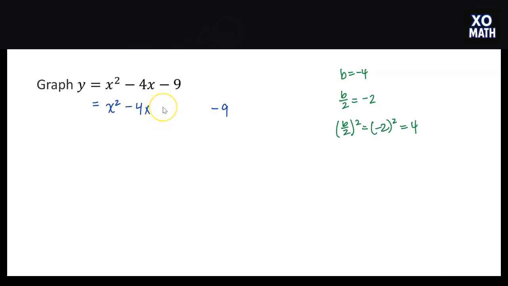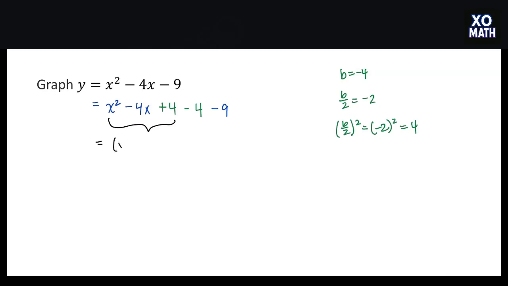And what we're going to do is we're both going to add that number and subtract that number. And the reason why we're doing that is so that we don't change the quadratic. If we just add 4, then we're changing the problem. But if we add and subtract 4, then it's like we're adding 0. Now the benefit of doing this is that the first 3 terms factor to a perfect square.